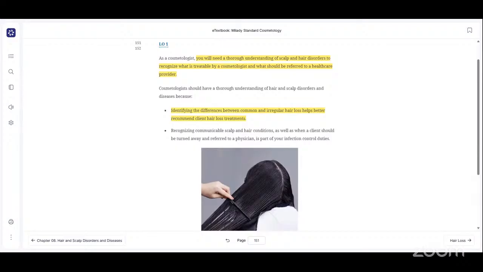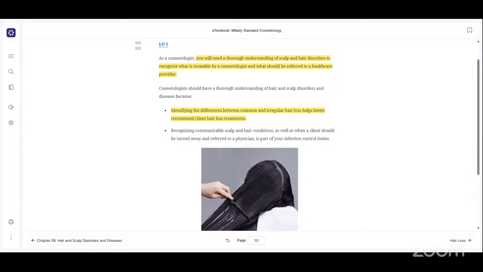When the top starts to thin and get wider, it will eventually connect with the sides that are receding as well. Women that have androgenetic alopecia, this is the female form of male pattern baldness. It's the female form of male pattern baldness.